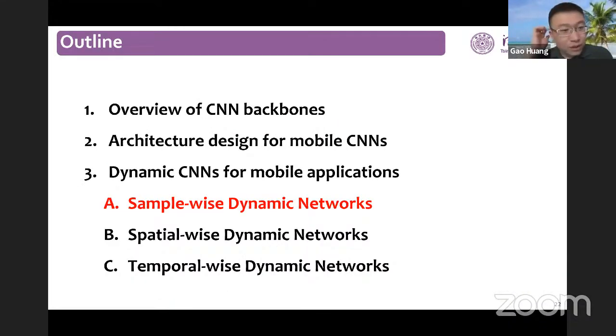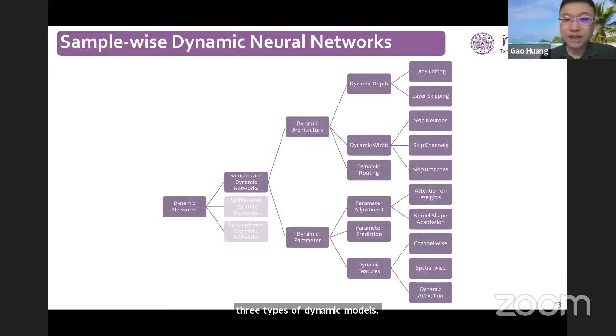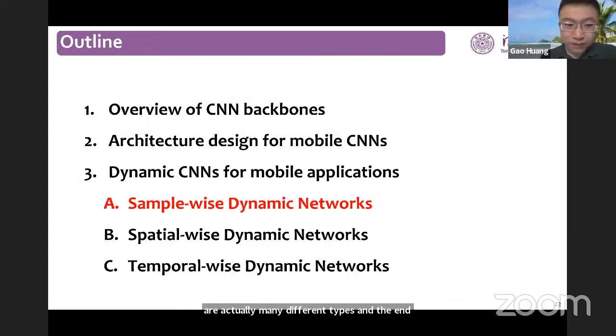Okay, so for dynamic networks, I will talk about 3 types of dynamic models. Here is a hierarchy of dynamic neural networks. There are actually many different types, and in general, we can split them into so-called sample-wise dynamic networks.